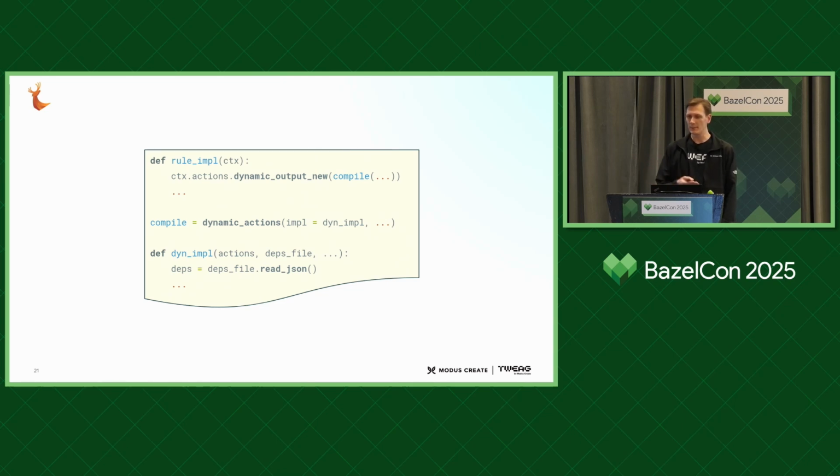And then this dynamic action has an implementation function, and in there, these special inputs, these dynamic inputs, you get to parse them or look at them. In this case, there's the read JSON, and also I think it's called read text to look at the raw text if you want to. And then afterwards, you can issue new actions based on the information that you get out of that file.